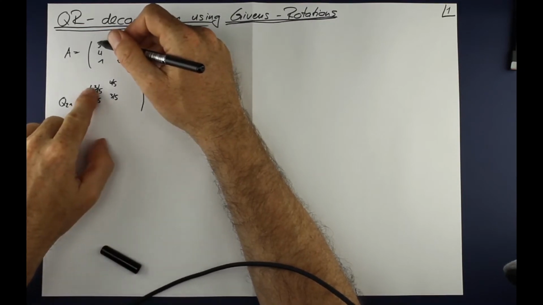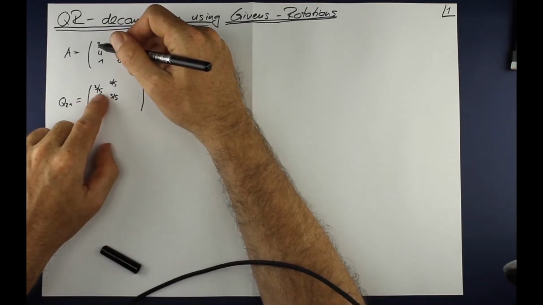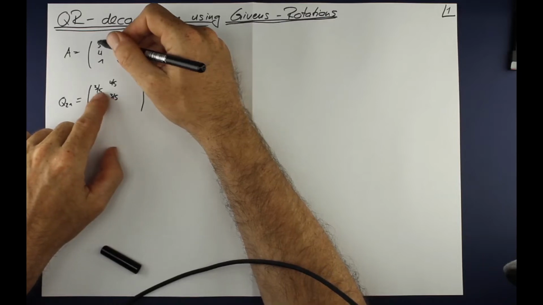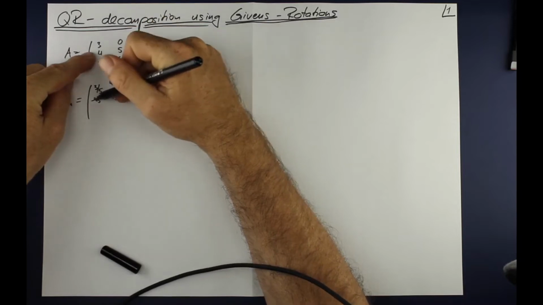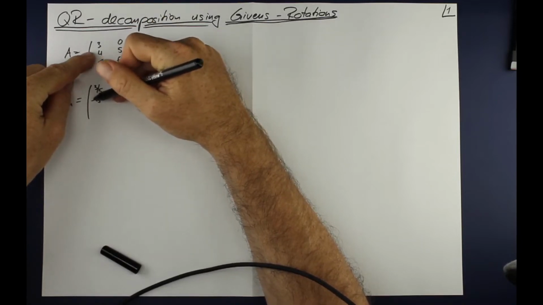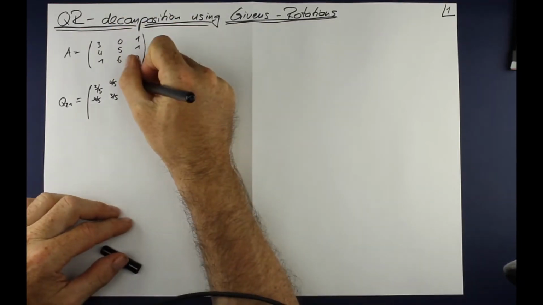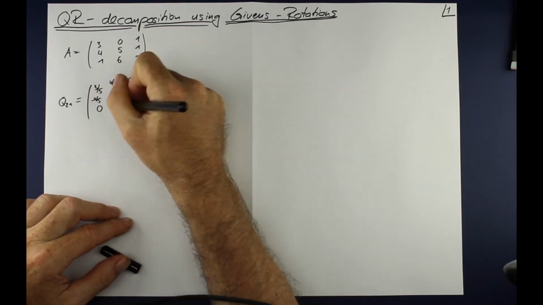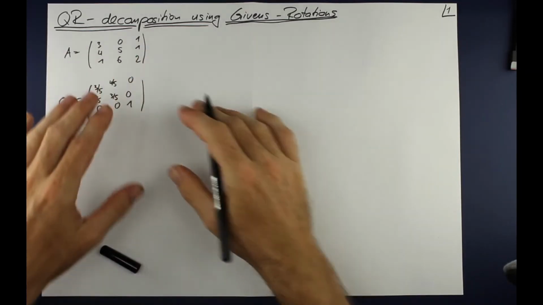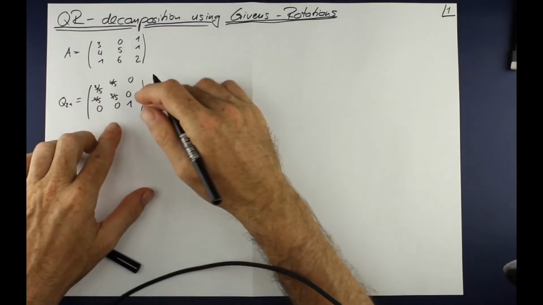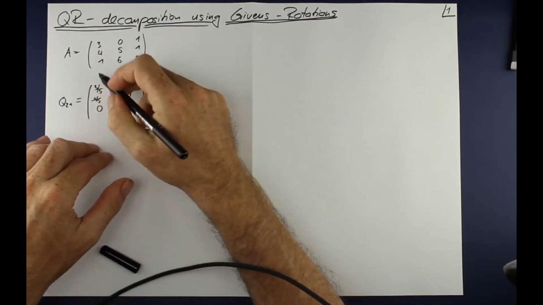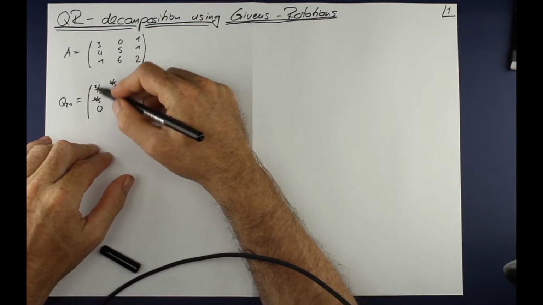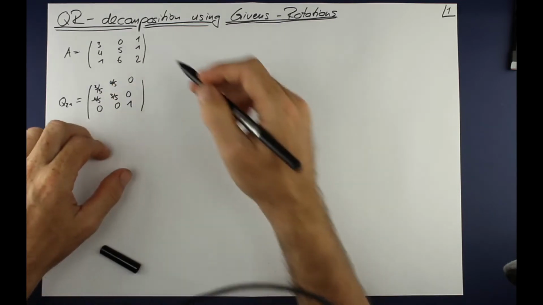Here the 3, here the 3. The denominator is the square root of these two squared. And then here we use that element, and here we use that element, but with a minus. And apart from that, we use 0, 0, 0, 1. If this matrix was larger, we would have ones on the diagonal, apart from that block here in the first column and second column, first row and second row.